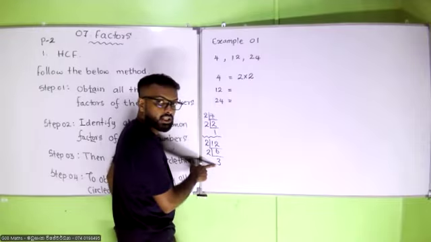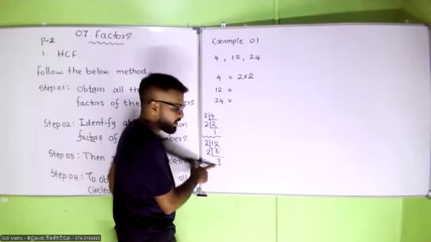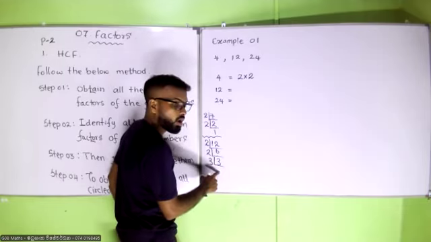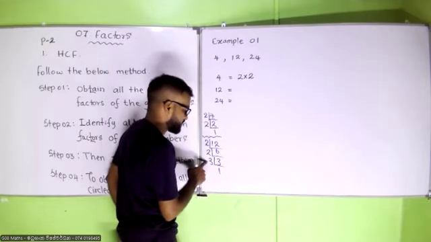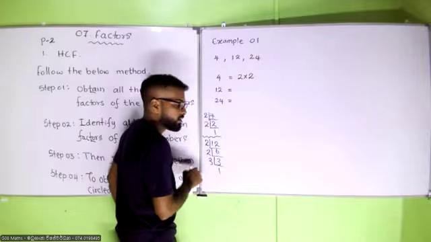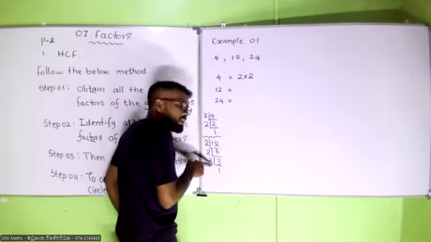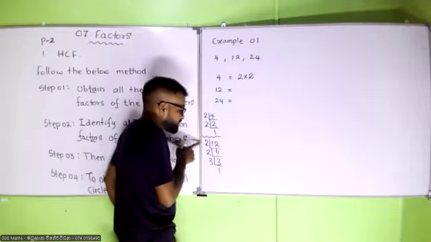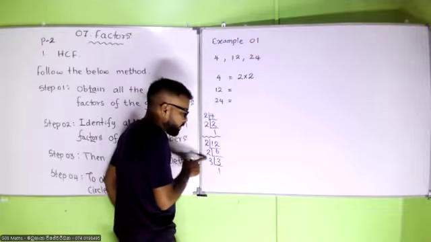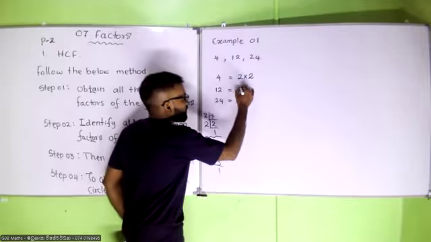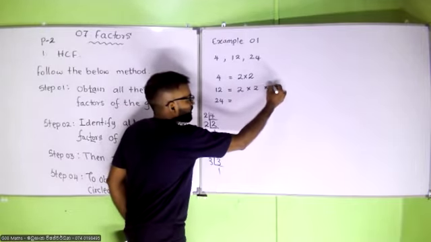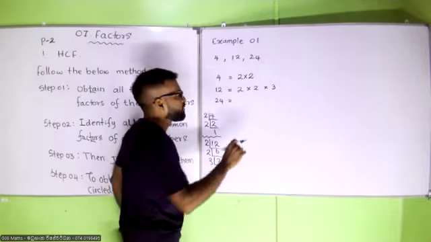Then we have 3 in the quotient. I need to make sure that I have 1 in the quotient. 3 times 1, 3. So 12 can be represented as the product of these prime factors: 2 multiplied by 2 multiplied by 3. Here it is written like this.